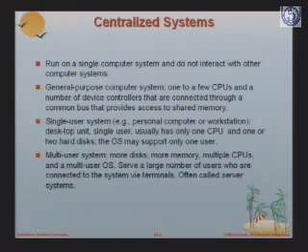Now these are a few characteristics in this slide. We have tried to list some of the important features of centralized systems or centralized database systems, the earlier database systems. Our whole discussion is around the books which we have written as a part of our revised MCA program.